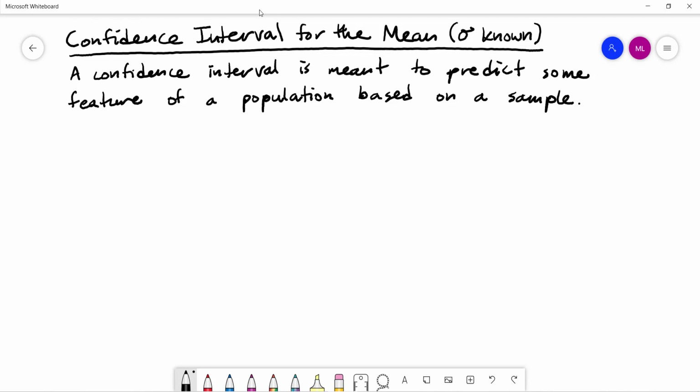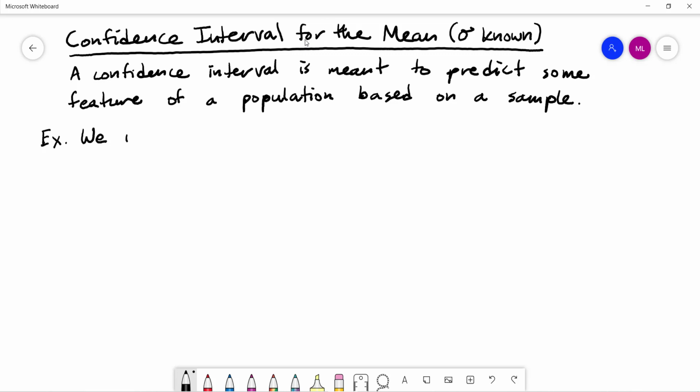So I'm going to talk about how we can come up with one of those confidence intervals with that little plus or minus margin of error. So let's say in this example, and I'm going to do this via example because I think this is the easiest way to do this, we want to find the average age of a US citizen.